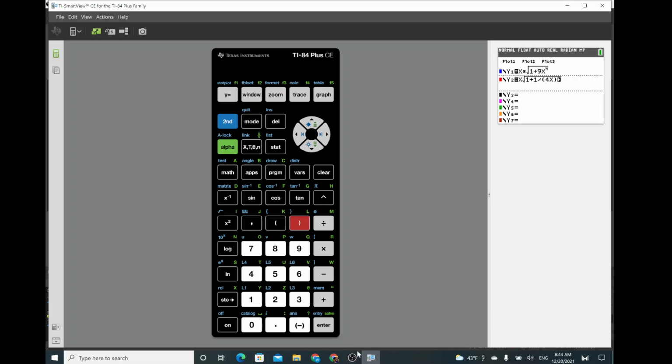Again, back to the calculator. So 2 pi, 0 to 2, integral. And we want to put in vars, y vars, y1. This one will be y2. And then dx.